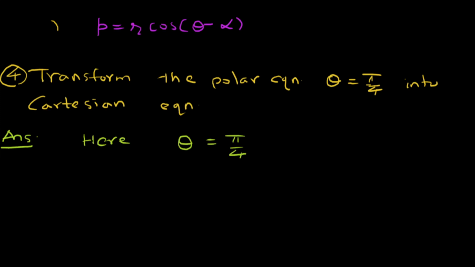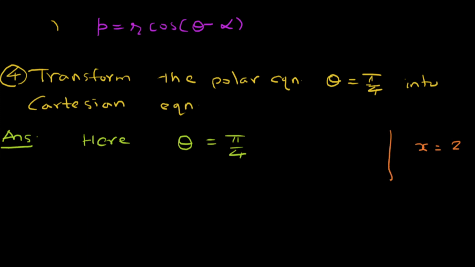Remember, in a polar equation we have two variables r and theta, but here r is not present. It does not mean that r is 0. That means r is arbitrary. Like in case of a straight line, suppose I give you an equation like x is equal to 2.